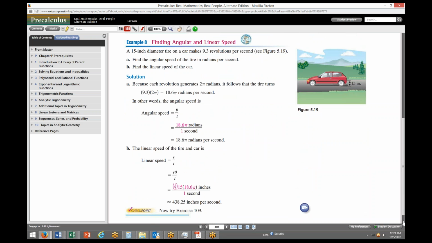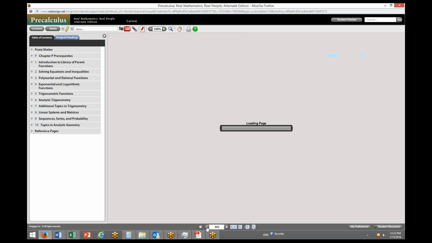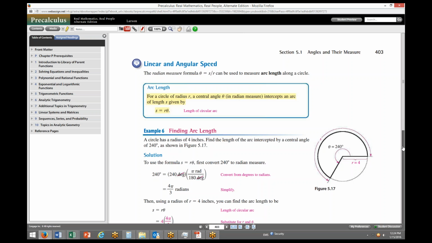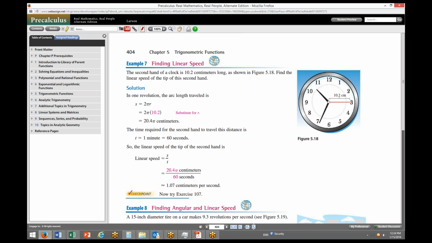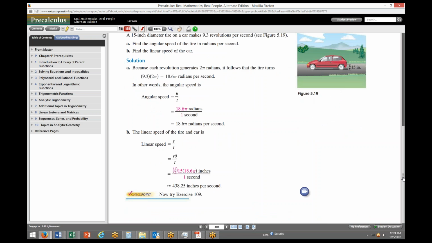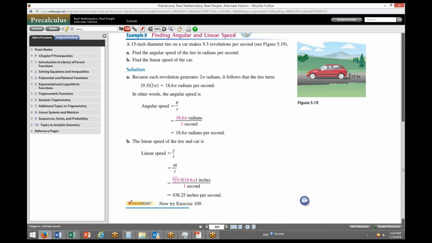So first of all, find the angular speed. Well, angular speed, if you recall from the previous page, the angular speed formula is theta over t. Angle measure in radians divided by time. So going back to our problem then, we know that each revolution, each time the tire spins, that's 2 pi radians.